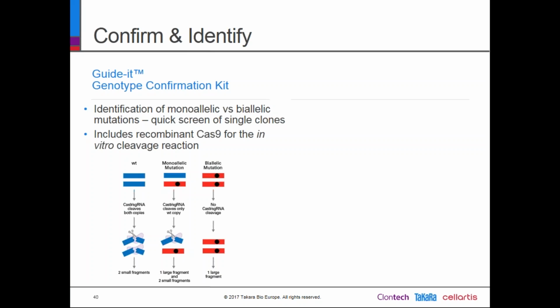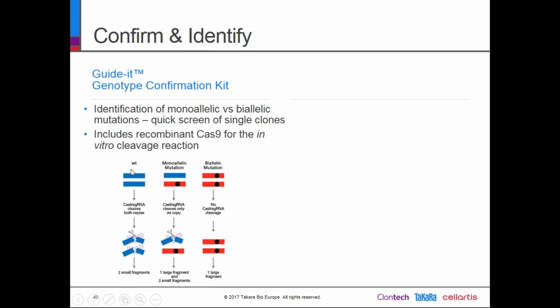So how does it work? You will again amplify the target region, and then you will just incubate everything in vitro with recombinant Cas9 and with a guide RNA, for example, your in vitro transcribed guide RNA.